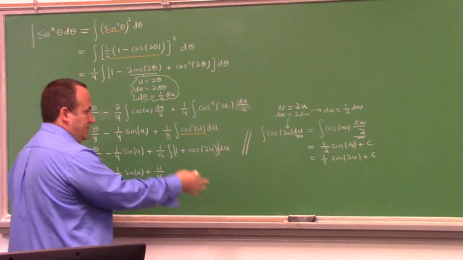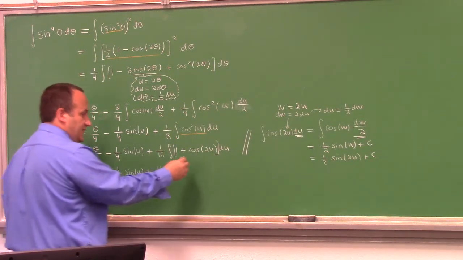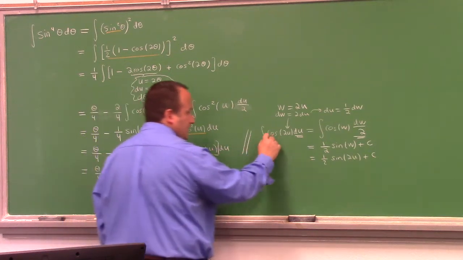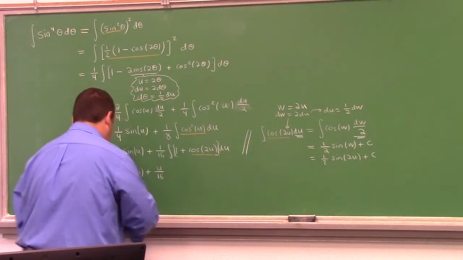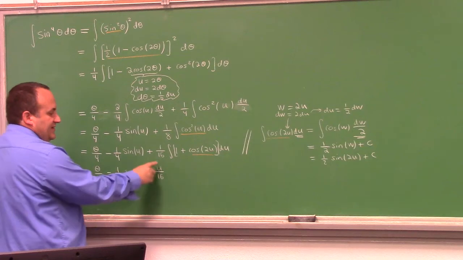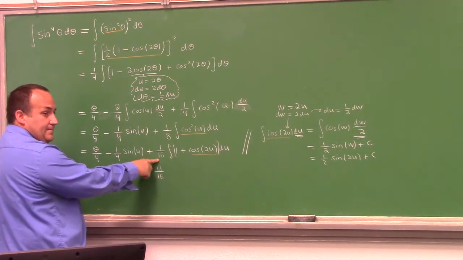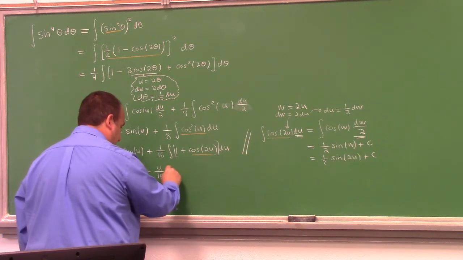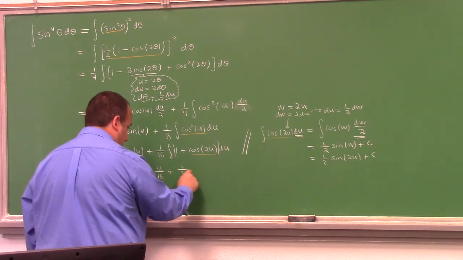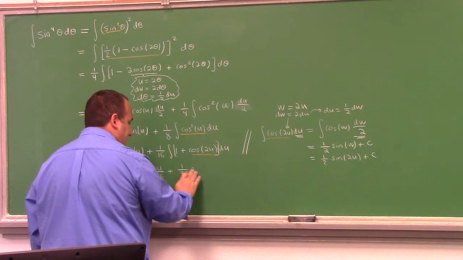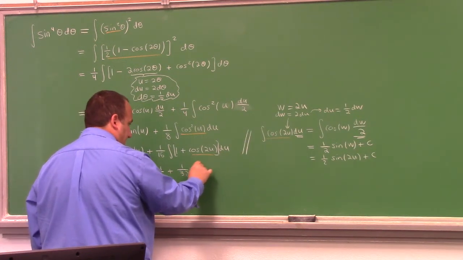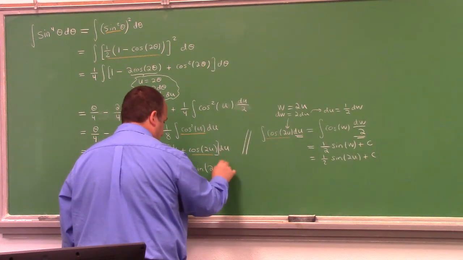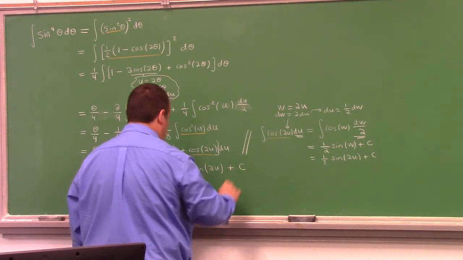So with that little sidebar, the integral of cosine 2u, which I just did over here, is, well, you notice I've got a 16th out here. I got to keep track of that, right? So I've got 1/16 times 1/2, which is 1/32 sine of 2u plus a constant, right?